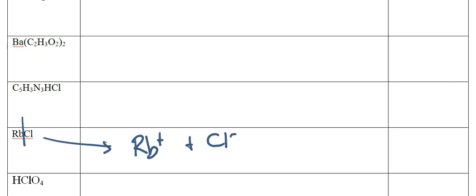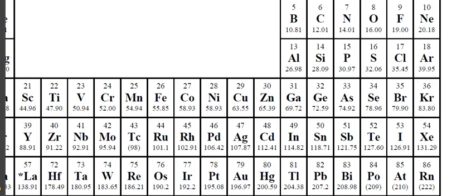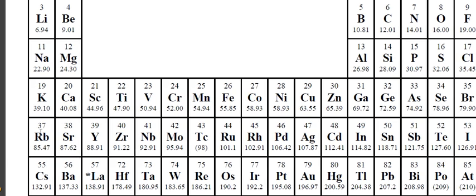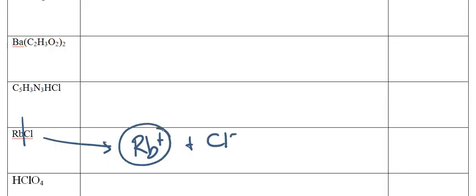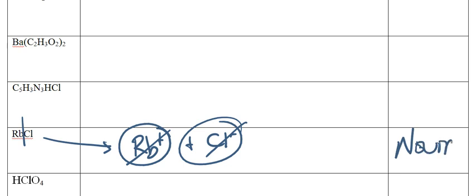And rubidium, again, whoops, where'd you go? Rubidium is in group 1A, where chlorine is also one of our conjugates of a strong. So we have two things that are conjugates of strong. Therefore, it remains neutral. So the pH remains 7. It doesn't change. All right, I hope that made sense.